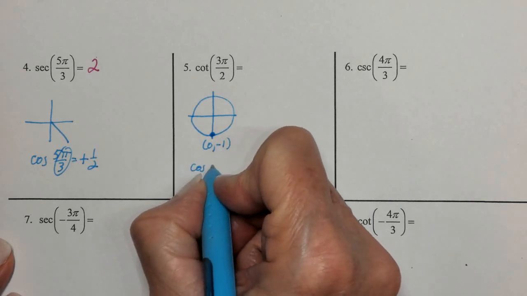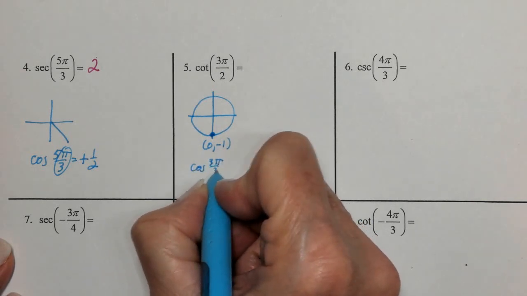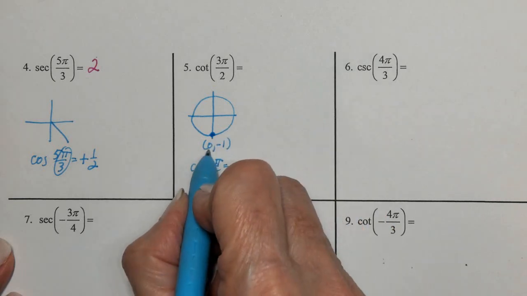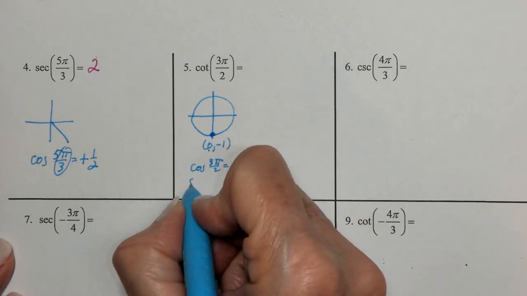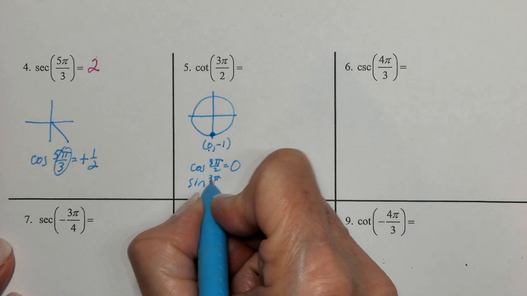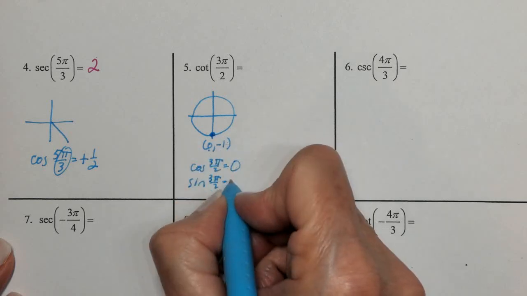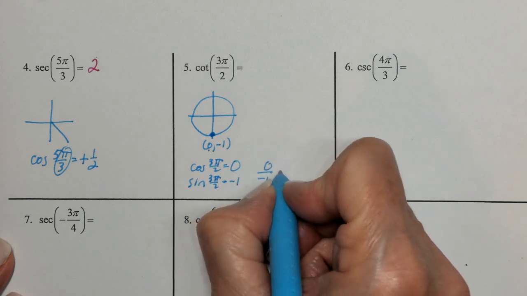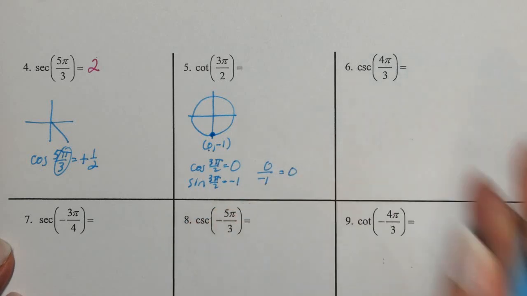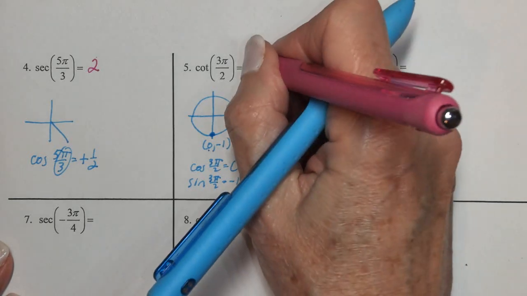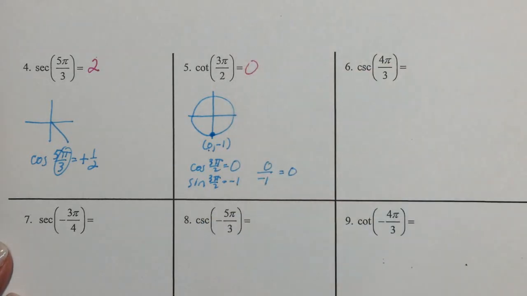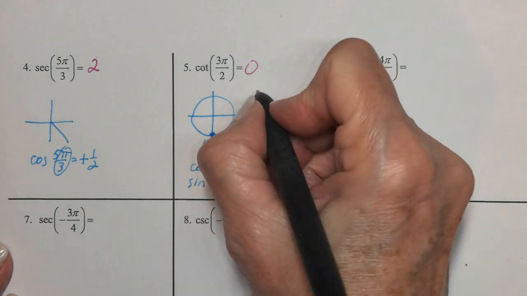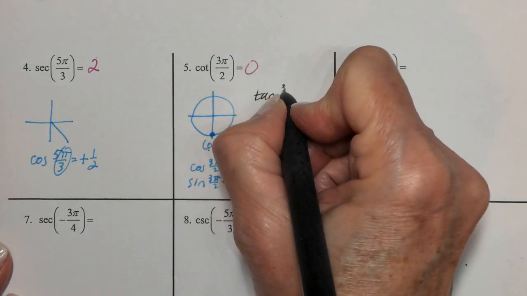Cosine of 3 pi over 2 is the x-coordinate, 0. Sine of 3 pi over 2 is the y-coordinate, -1. So this gives us 0 over -1, and that is 0. So cotangent is 0. You guys, what is tangent there? What is tangent of 3 pi over 2?